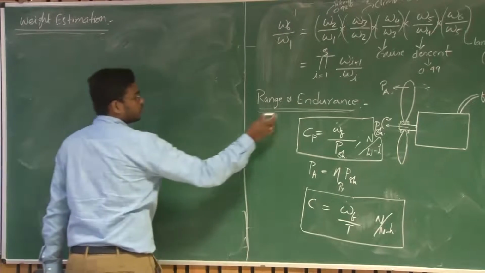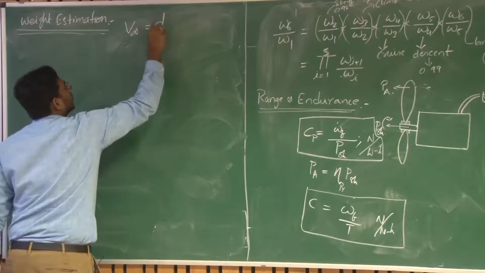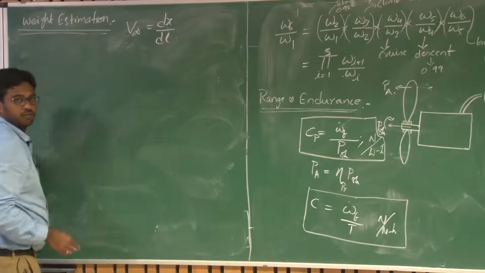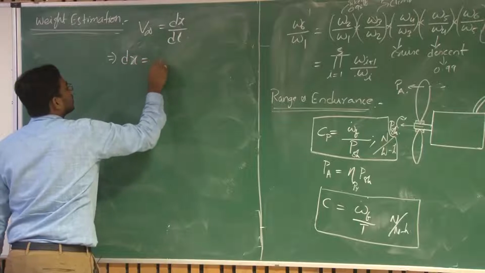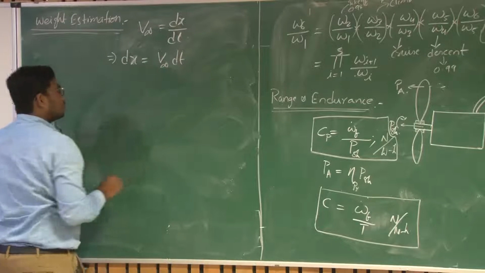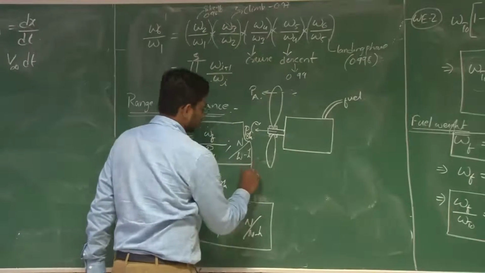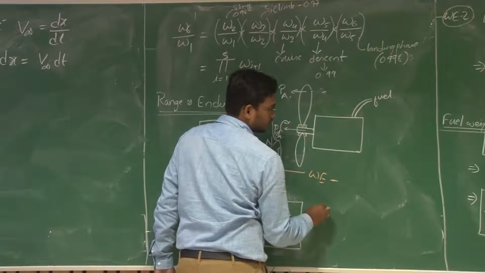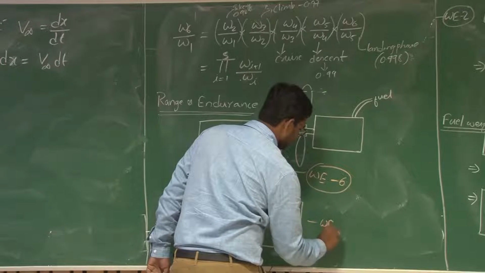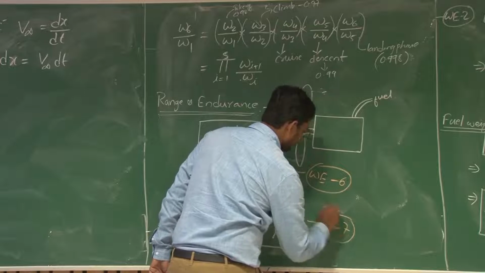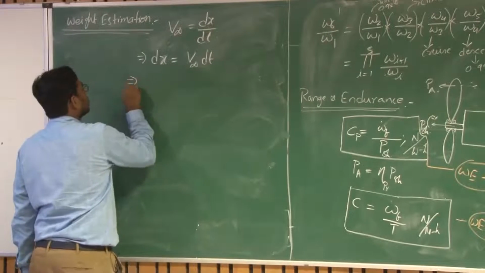We will talk about cruise, both these parameters talk about cruise, which means you have constant velocity, which is the distance traveled over a particular time, right? So dx is equal to V infinity into dt.